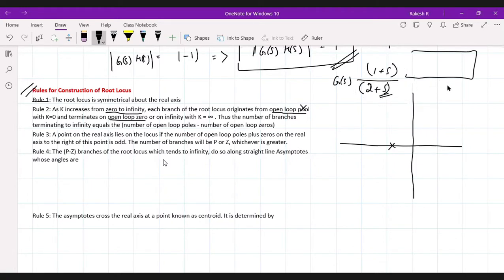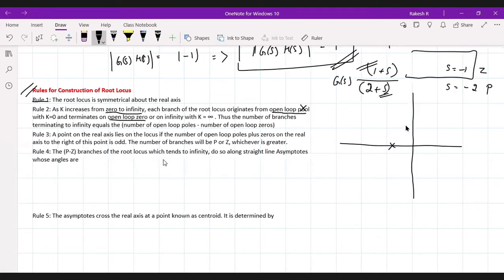The root s equals minus 2 is the pole here, and s equals minus 1 is the zero here. Roots of the numerator are called zeros. Roots of the denominator are called poles. Poles will be represented by a cross sign, and zeros will be represented by a circle.